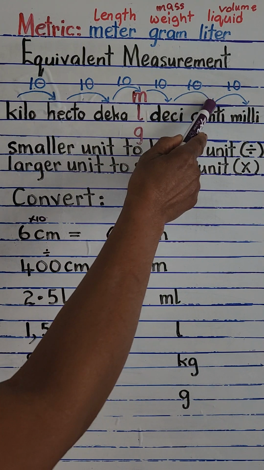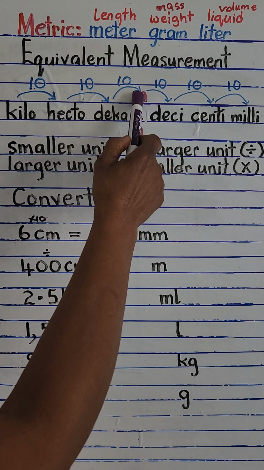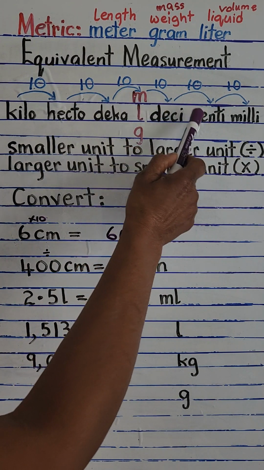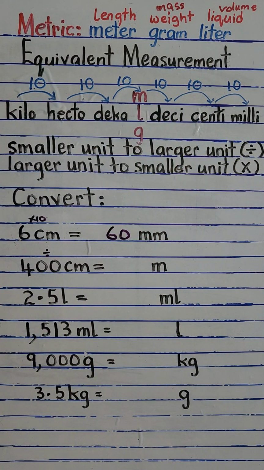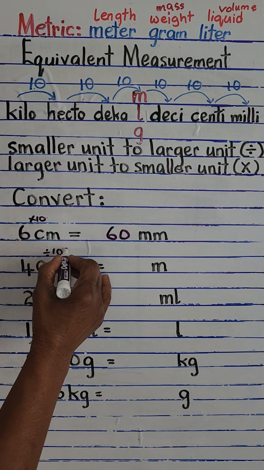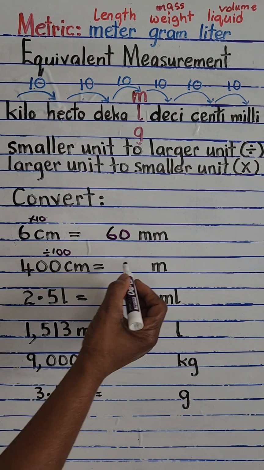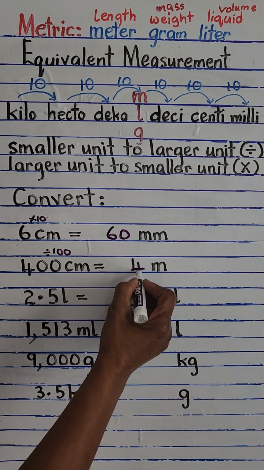So this is centimeter to meter. That is 10 times 10. That is 100 centimeters make a meter. So we divide by 100. And 400 divided by 100 is equal to 4.